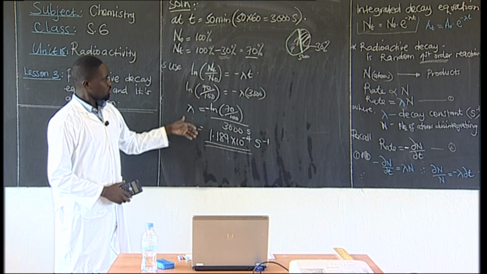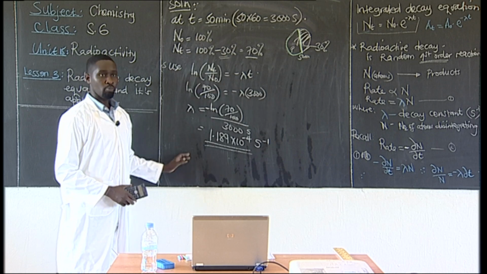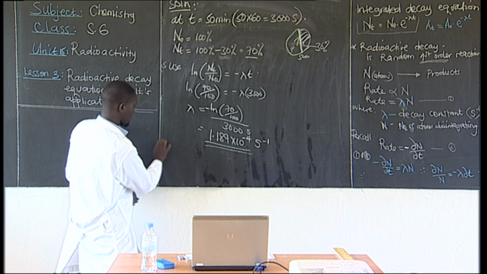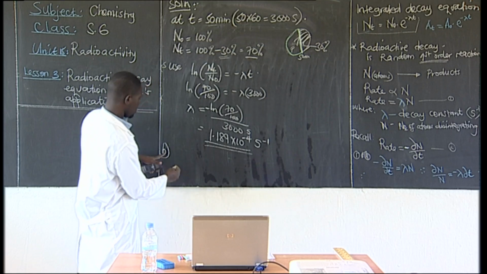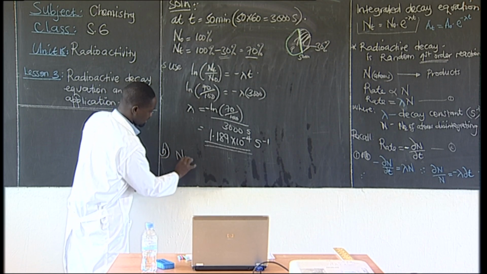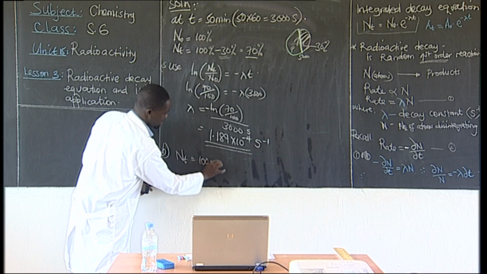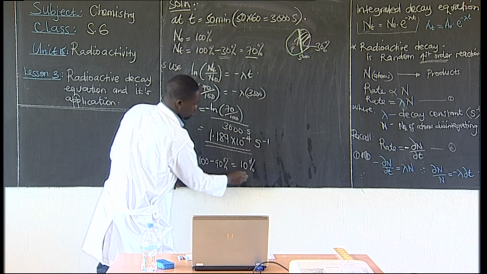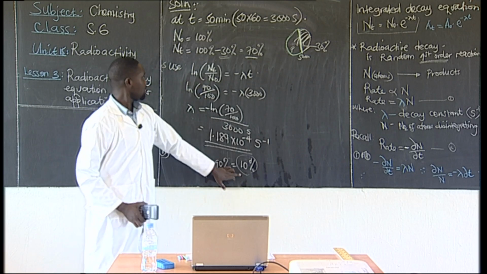So just use the same equation to obtain the time needed. For part B, if I can quickly interpret it for you, since the NT will be 100 minus 90%, which gives you 10%, so use NT as 10.